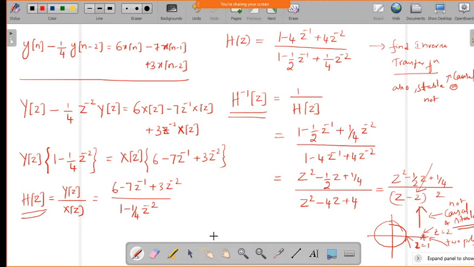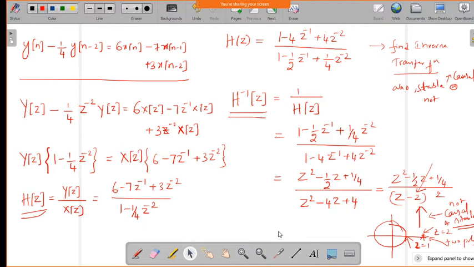So what is the inverse of the system? Find out the inverse of the system. What is H inverse of z?